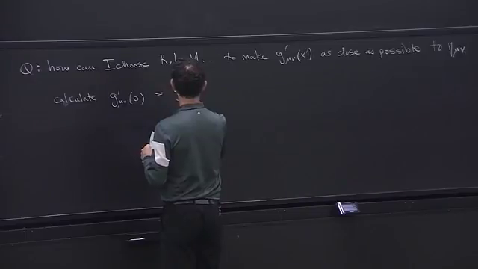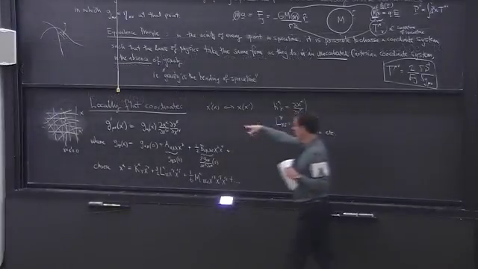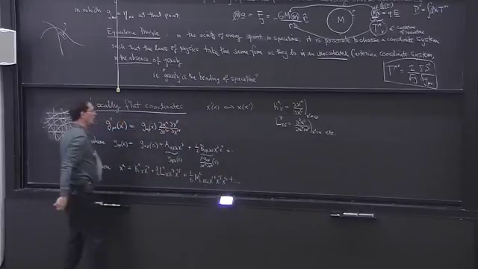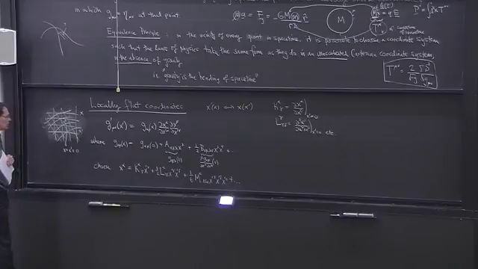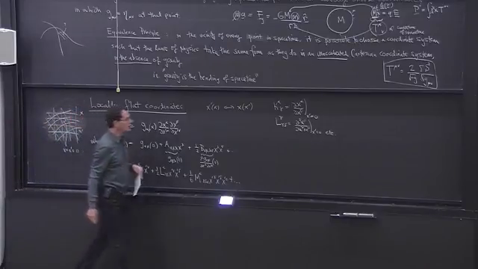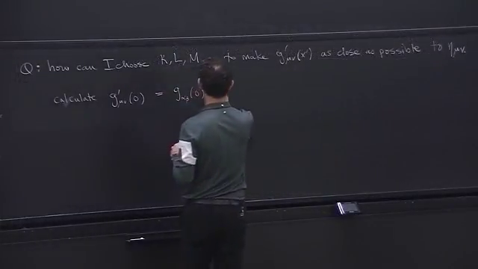So this is g alpha beta at 0. And then I've got to work out those dx dx prime matrices at 0. So work out all of this at x equals 0. dx over dx prime, I get this matrix. So I get k alpha mu, k beta nu.